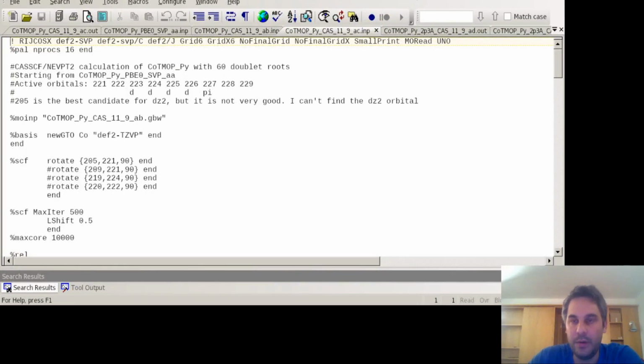So this is another input file. Notice that my code is AC. The previous one that I had been watching was AB, and the original one from DFT was AA.